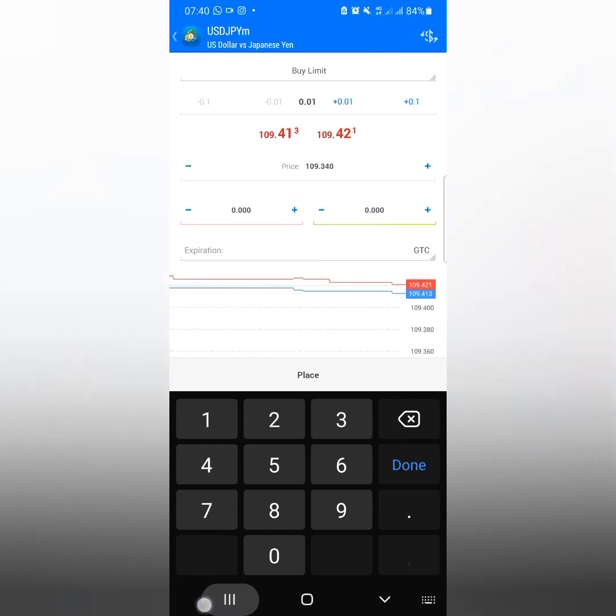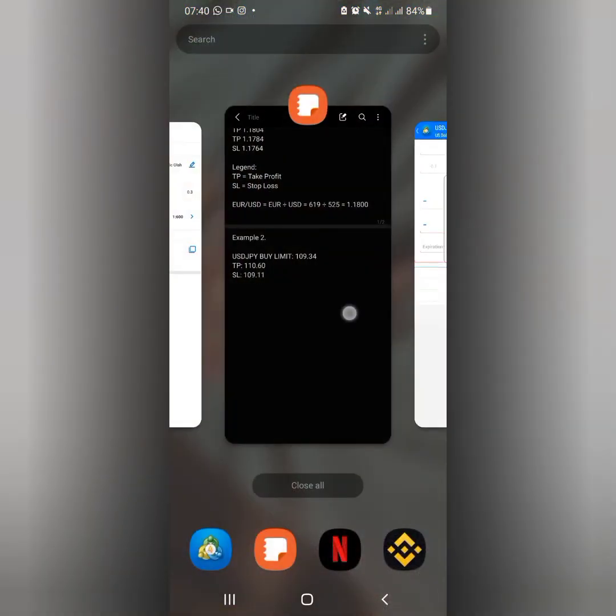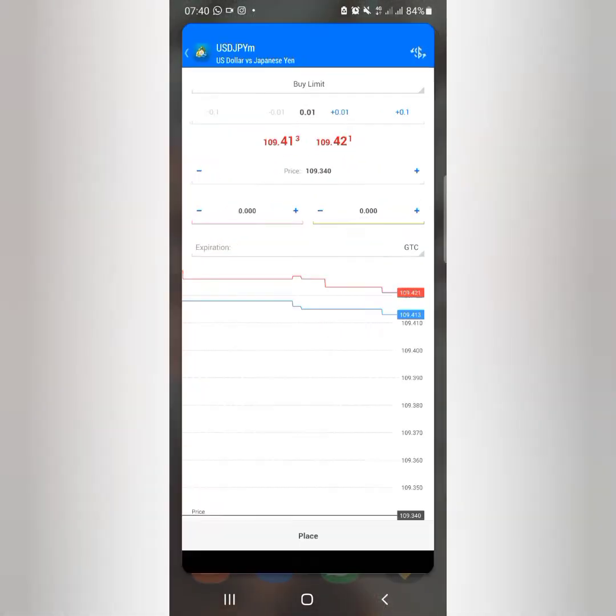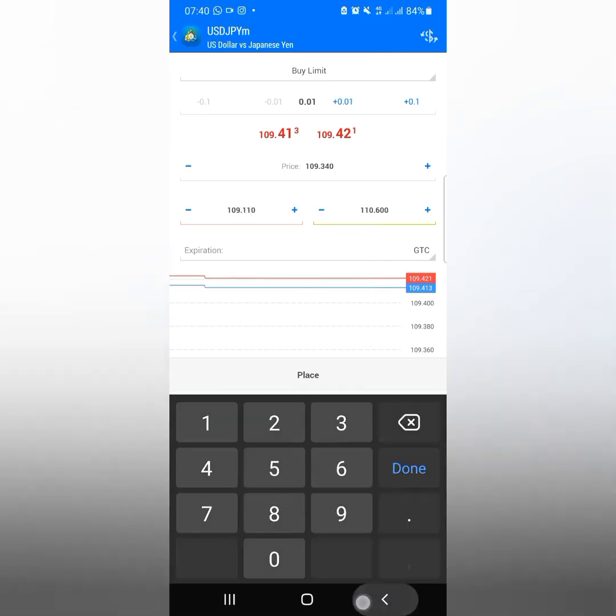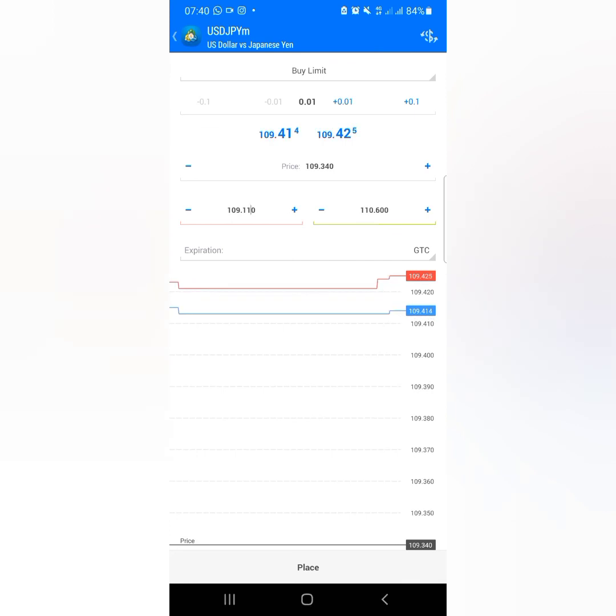Right? So the take profit was 110.60, and the stop loss was 109.20. A buy limit order is simply an order used when the price is above the price at which you want to buy.